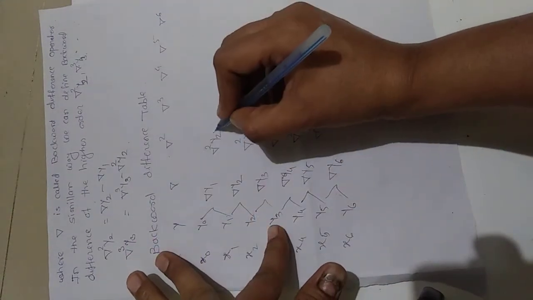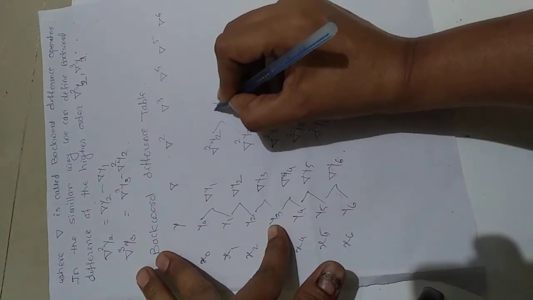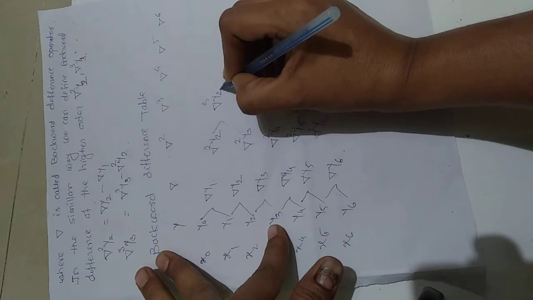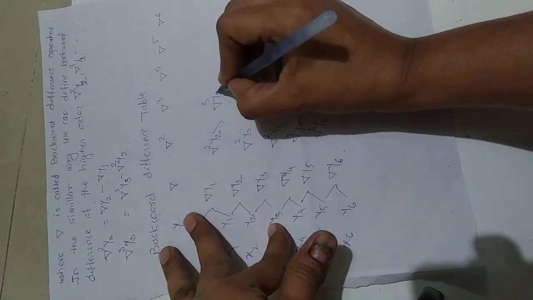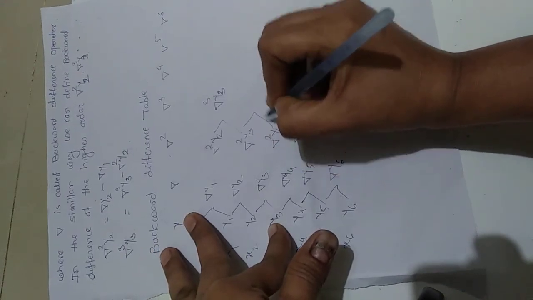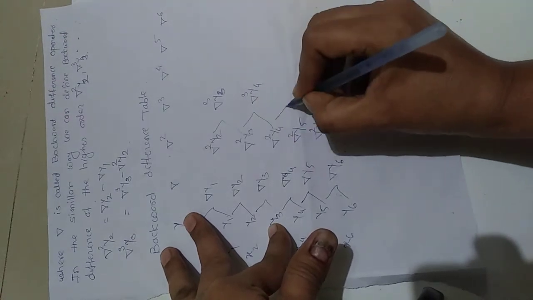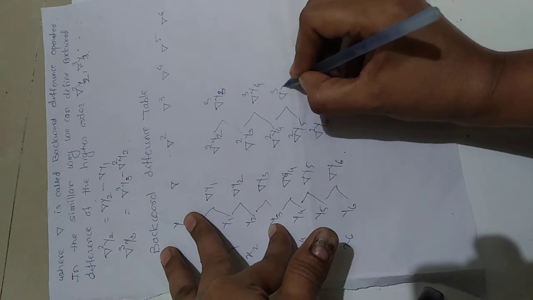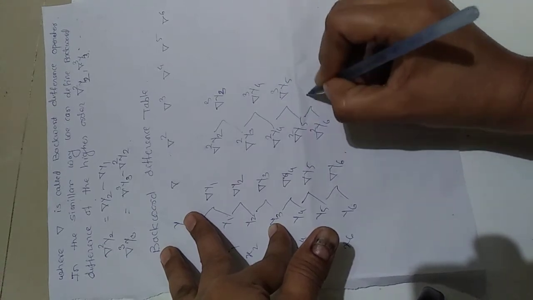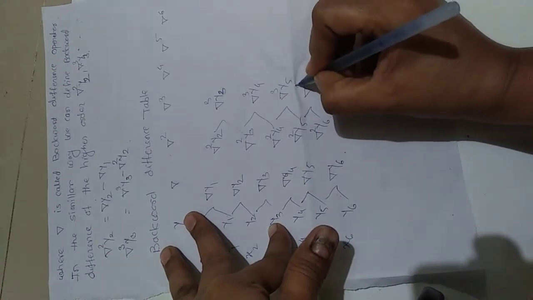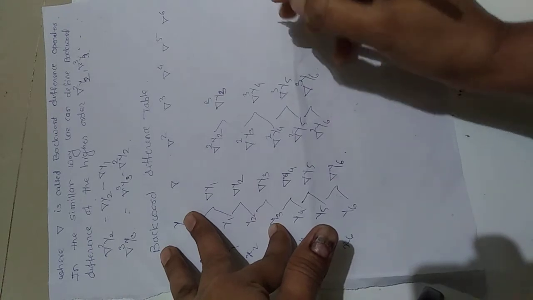And the difference between these two is del cube y3, del cube y4, del cube y5, and del cube y6.